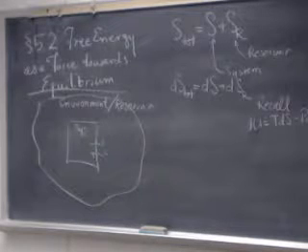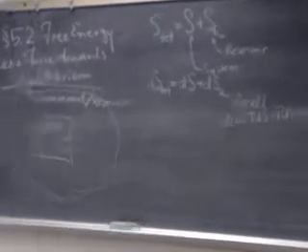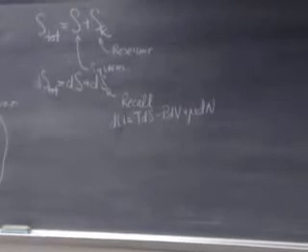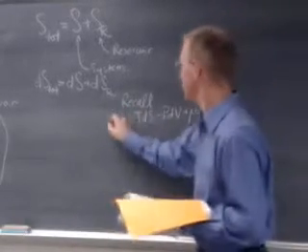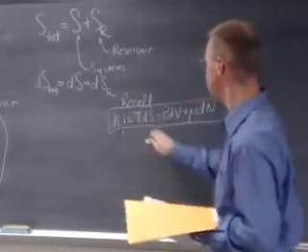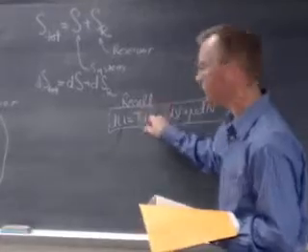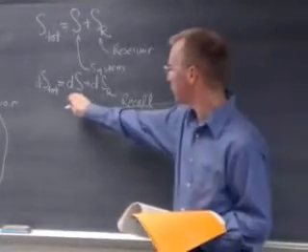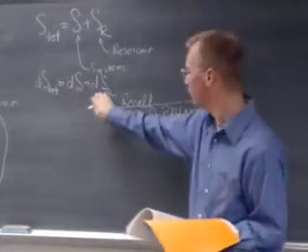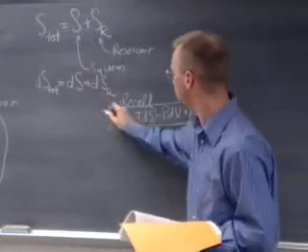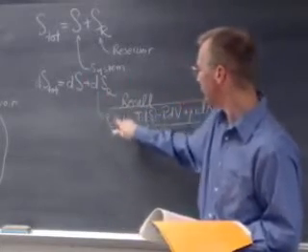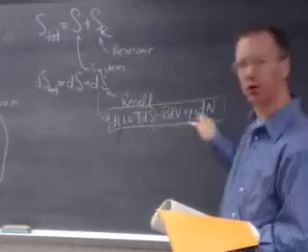T dS minus P dV plus mu dN. Solve for dS. And then we're going to put that in here and here. Actually, we're just going to put it in for the reservoir first. So I'm going to substitute for dS in terms of all of these other things.